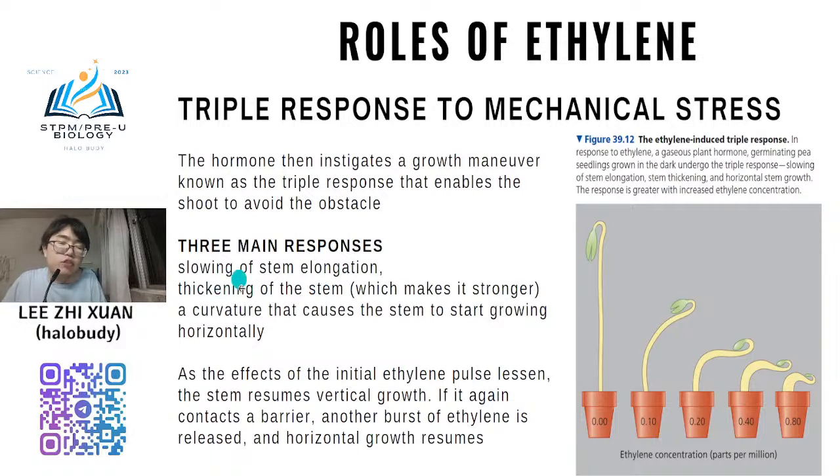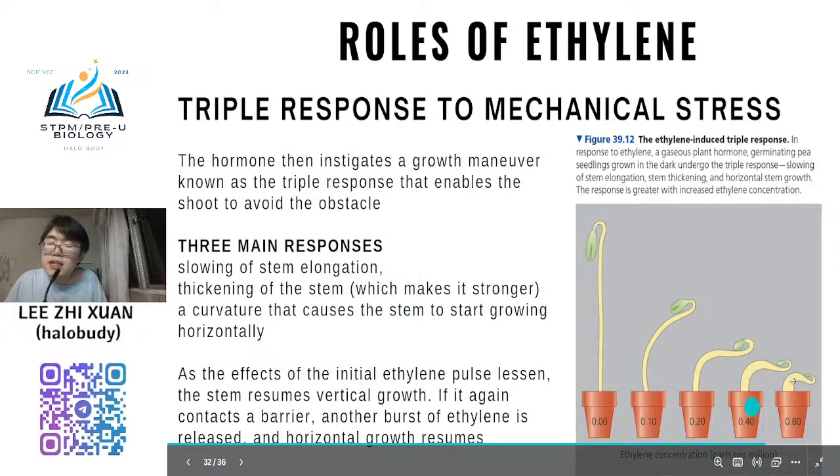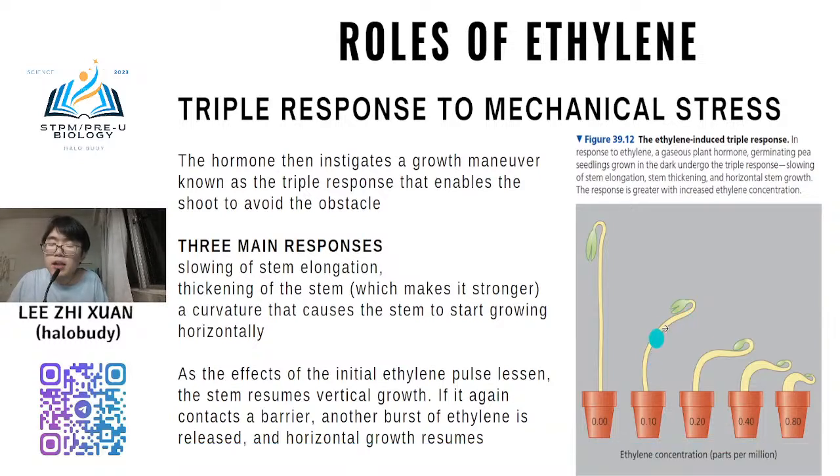There are three main responses. The first response is to slow down the stem elongation. You see this, when you apply ethylene gas to this plant, you find that the growth of the plant becomes curve shaped. The stem becomes more curved, so the stem elongates slowly. It will thicken the stem, making the stem stronger.